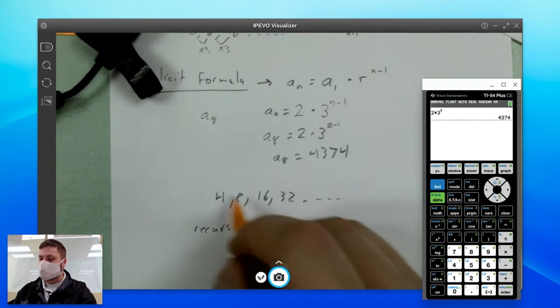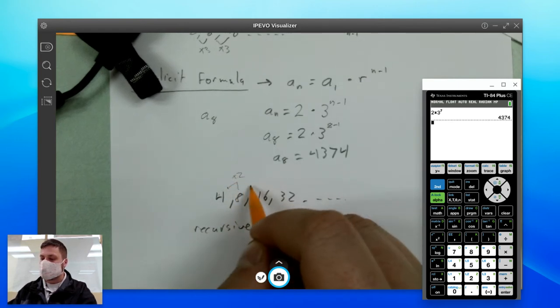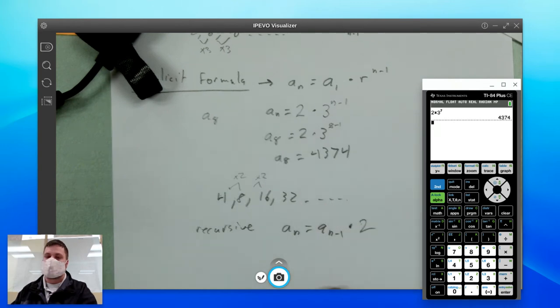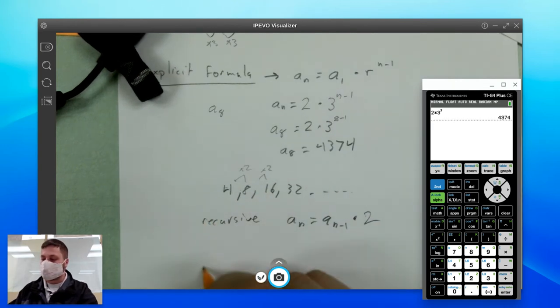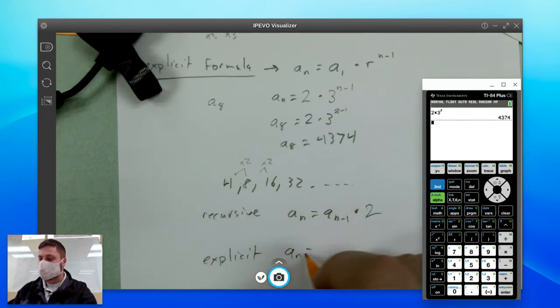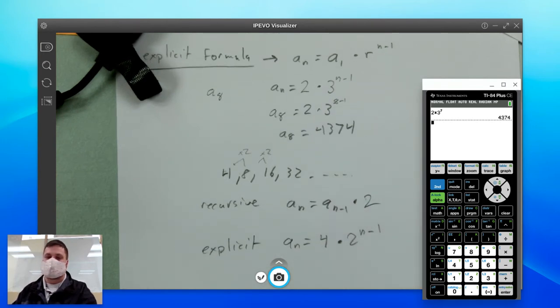In this case, the r, the pattern number, is of course 2 times 2. So there would be my recursive. My explicit formula would be that the nth term is equal to the first term times r, which again is 2, to the n minus 1 power.